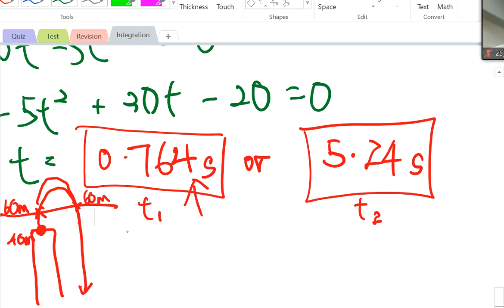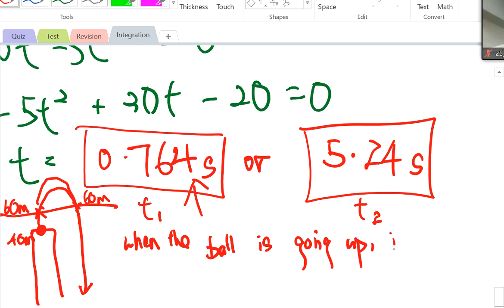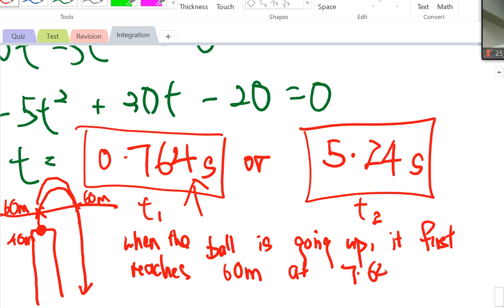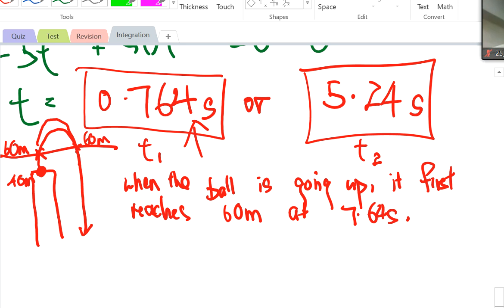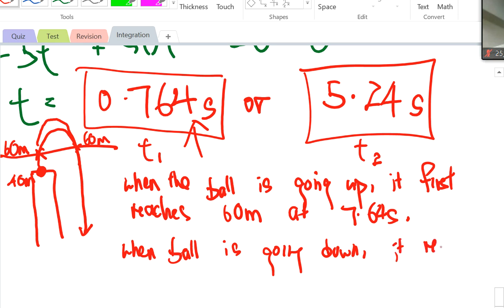When the ball is going up, it first reaches 60 meter at 7.64. When the ball is going down, it reaches 60 meter at 5.24 seconds.